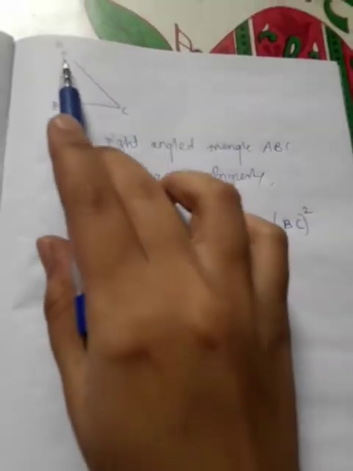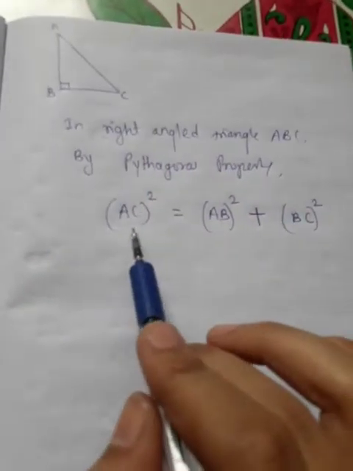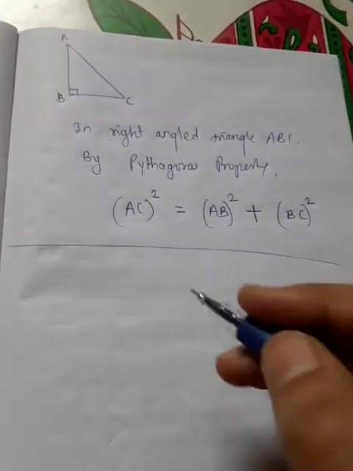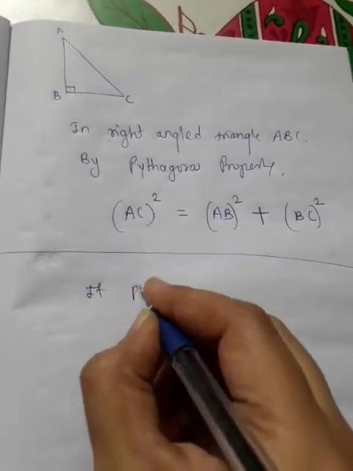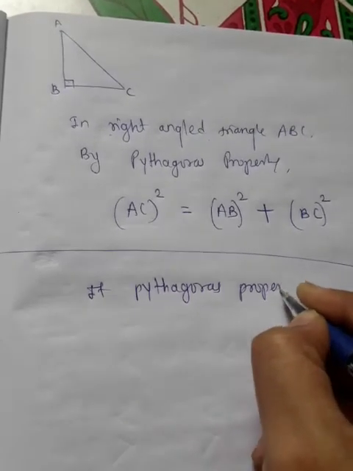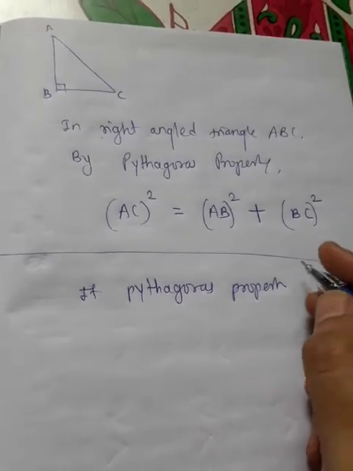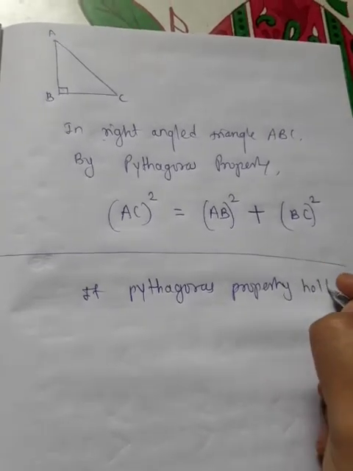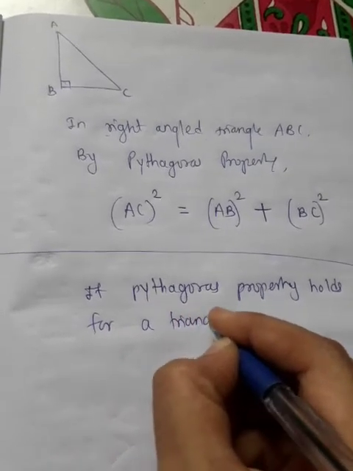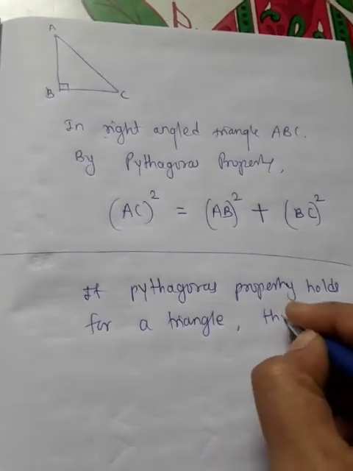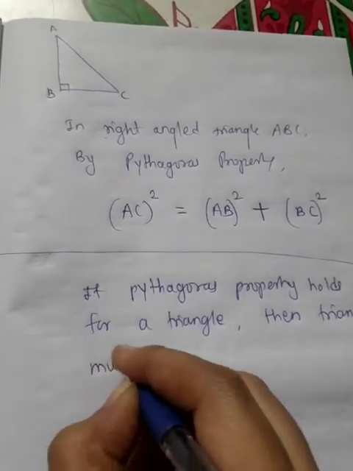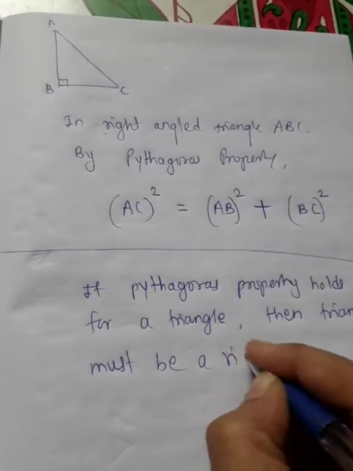So if you have a right angle triangle, then the Pythagoras property holds. And in reverse way, if the Pythagoras property holds for a triangle, then the triangle must be a right angle triangle.